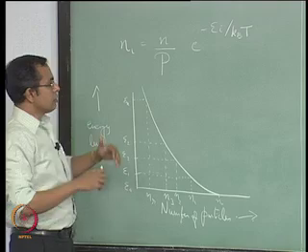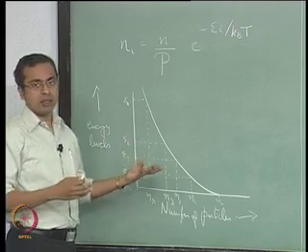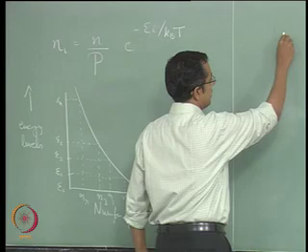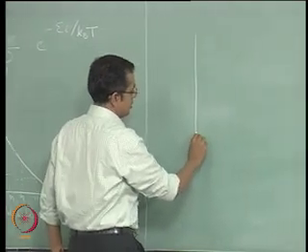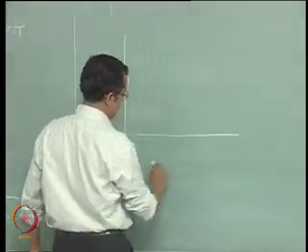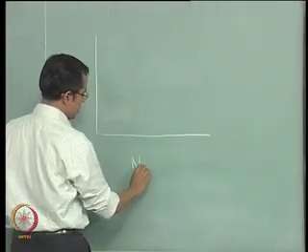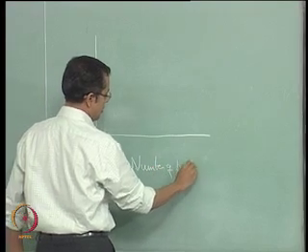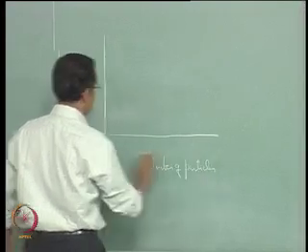Now supposing we were to do this at some other temperature, then what is it that we would see? We will make the same plot here. So this is number of particles, and this is energy levels.